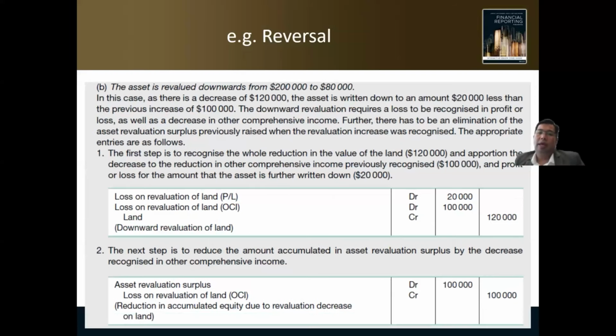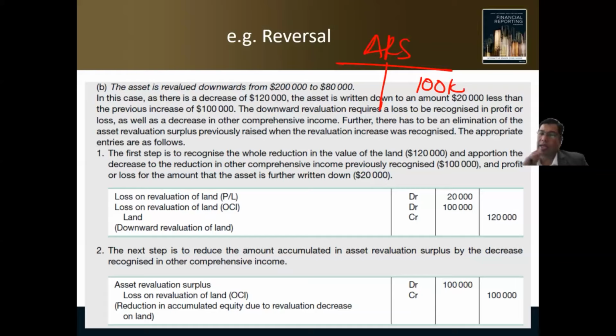However, in the case of the devaluation to 80,000, it has two parts. The first 100,000 falls under OCI. That is because you're going to offset that to your asset revaluation surplus. You already have your asset revaluation surplus 100,000.